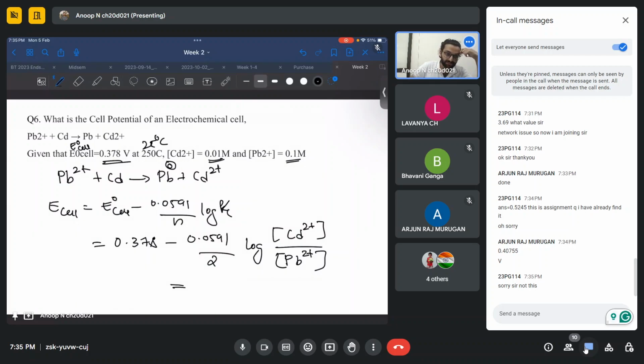So the answer is coming 0.4086 volt. Someone got 0.76 volts, I got 0.86, so I might have also taken some values different. So it's coming around 0.408 volt. Is it clear?